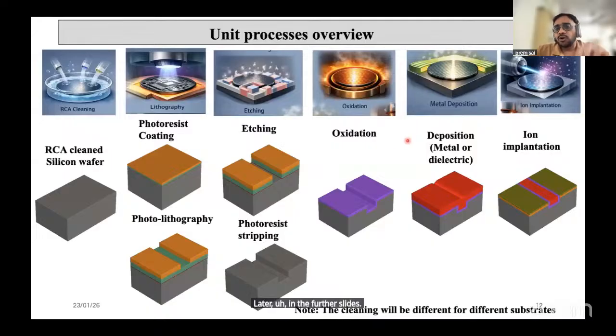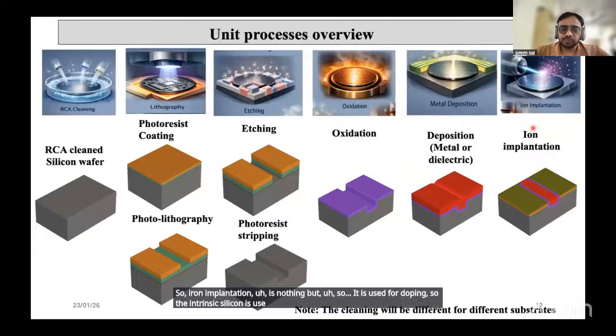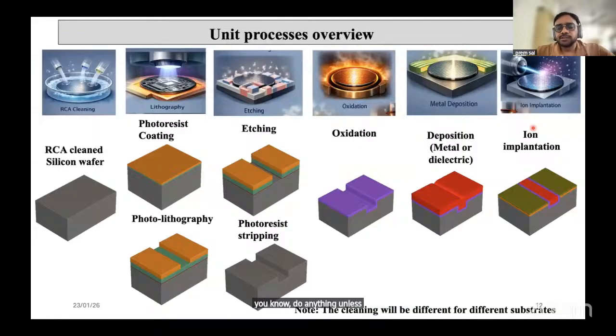Then the other thing is called ion implantation. Ion implantation is used for doping. Intrinsic silicon is useless. You can't do anything unless you dope the semiconductor, P type or N type.